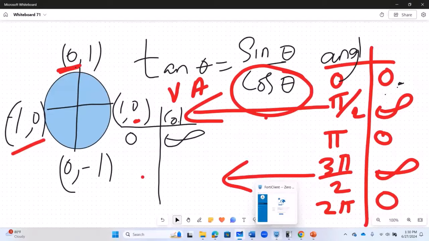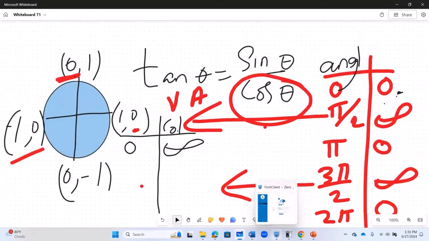So wherever sine is 0, cotangent is undefined. That's all we need now. So cotangent of 0 is undefined. So let's go to pi over 2.